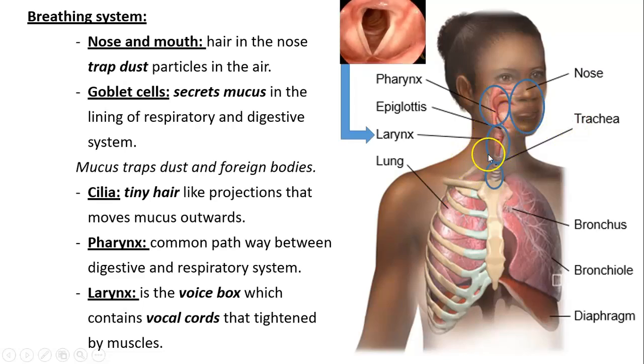The larynx is the voice box. It has the vocal cords. Can you see here? The movement of the vocal cords, as you can see them here. This is how you make your sound. And it has to be closed every time you swallow in order to prevent food that passes through the pharynx as well as the air from entering your breathing system. So here, this small part is the epiglottis.